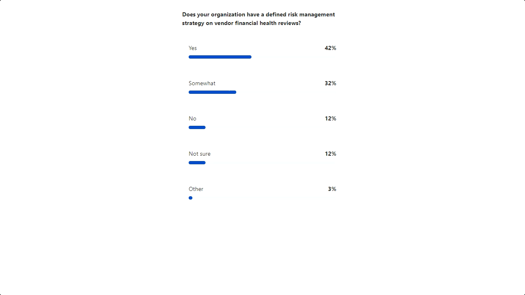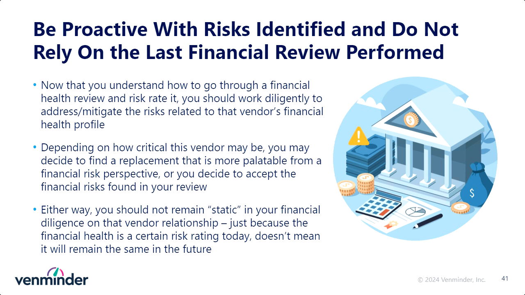Thank you, Jesse. Let's quickly sum up what to do with all this information and how to use it in your internal program. It's important to be proactive as much as possible. Now you know how to understand some of the quantitative and qualitative information and how to risk rate it. But you should work diligently to address and mitigate the risks you've identified.